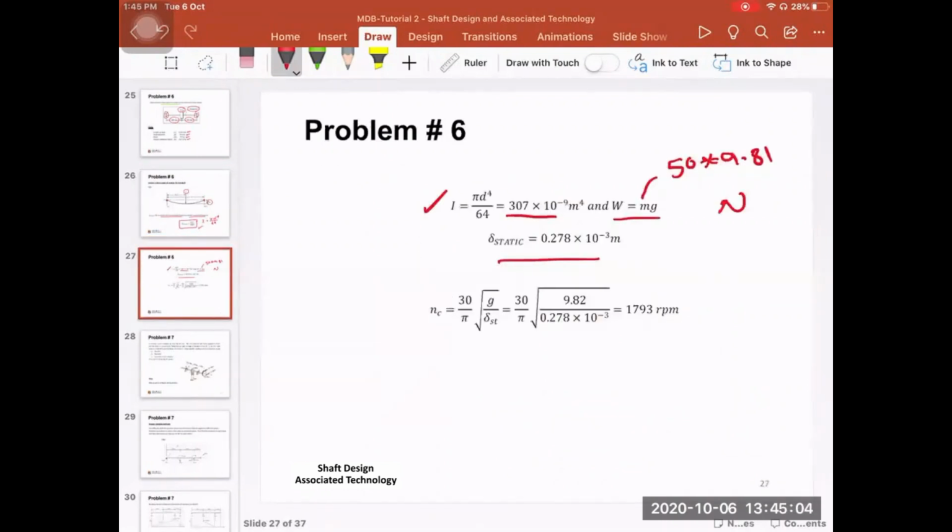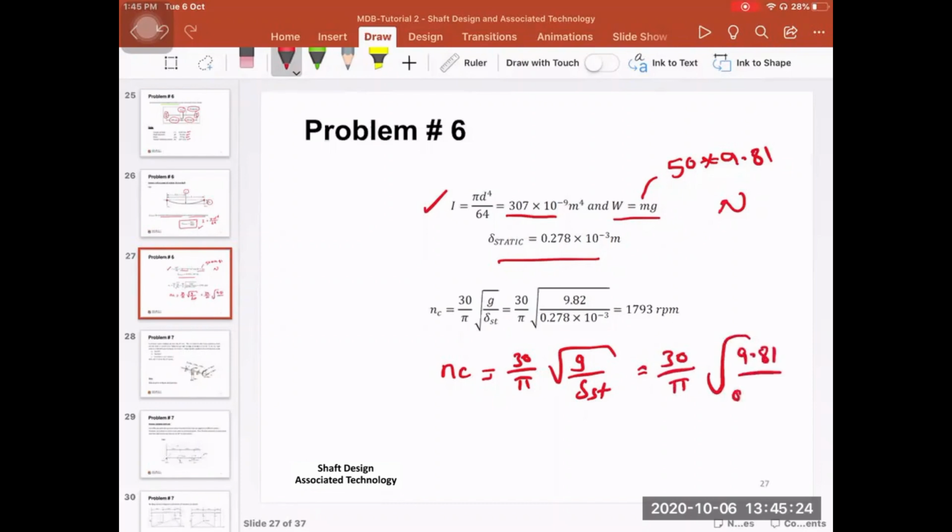Remember the N critical in this case is equal to 30 over pi multiplied by root g over delta static. So 30 over pi times root of 9.81 divided by delta static, which is 0.278 times 10 to the power -3. This will give you the critical speed of the shaft as 1793 RPM.